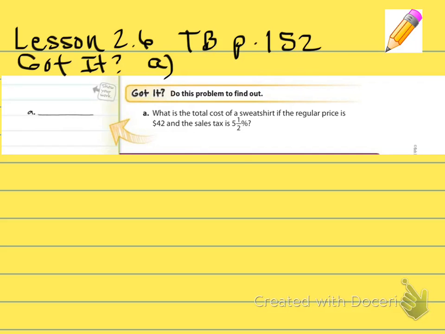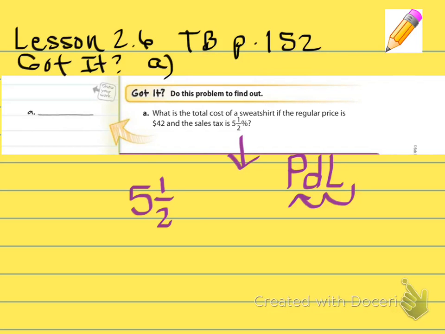So what you have to make sure you do is change the percent to a decimal, which means you move to the left 2 times. So your percent, oops, sorry. I forgot they wrote this as a fraction, not as a decimal.